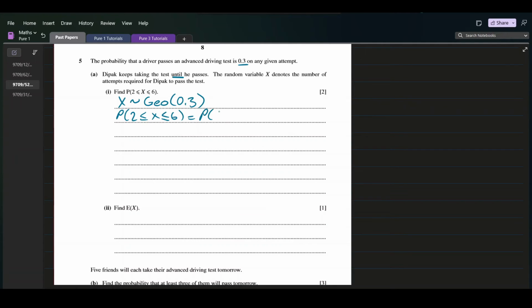And so this is the probability that x is equal to 2, 3, 4, 5, and 6.